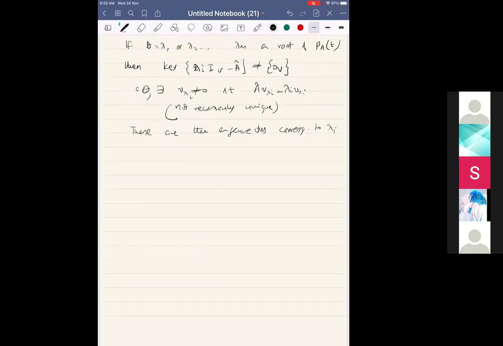Then we proved the following proposition: if lambda 1, lambda k are distinct eigenvalues, and v1, vk are corresponding eigenvectors, then these are linearly independent.